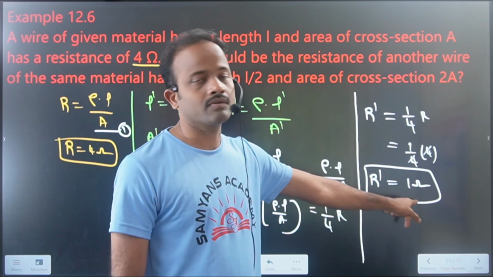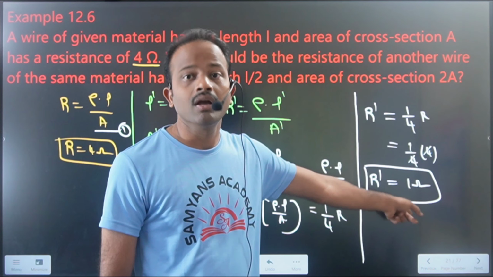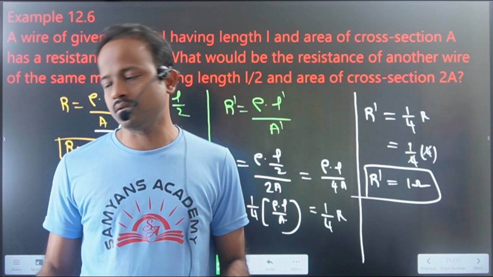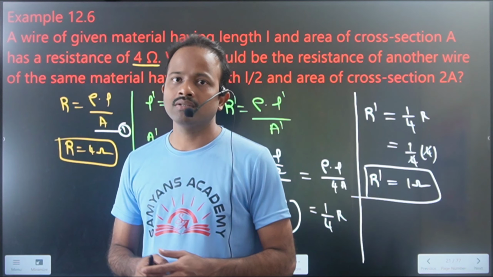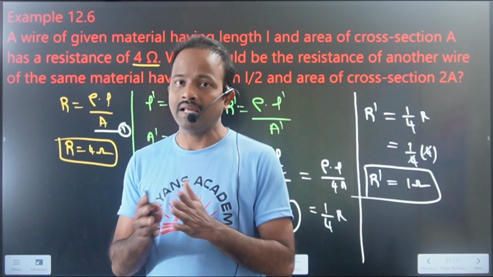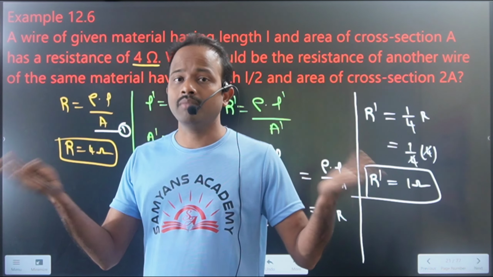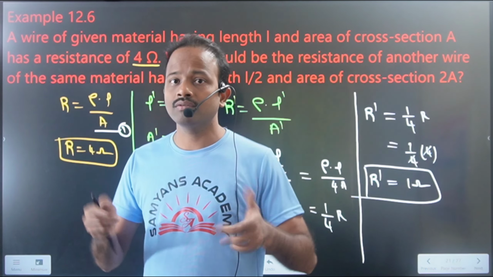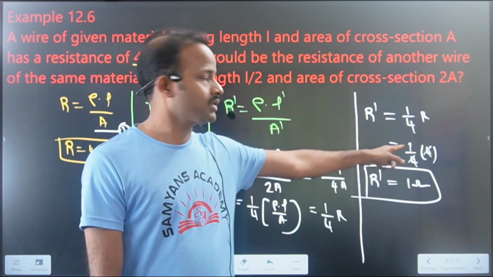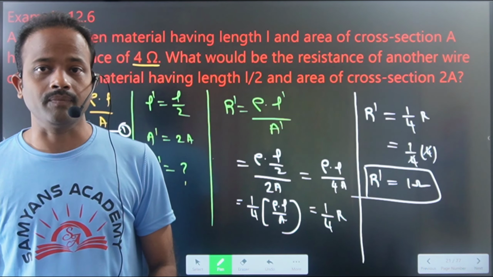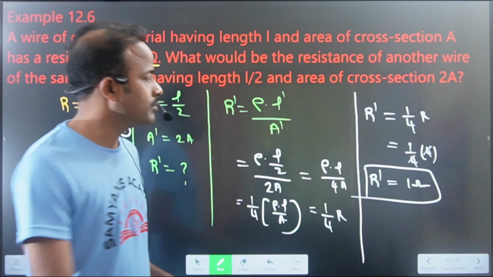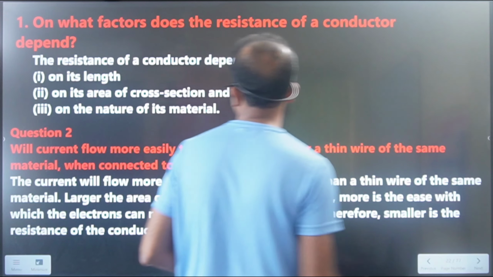So the new resistance of the wire is 1 ohm. From this formula we can easily know that if length is half and area becomes more, then the resistance reduces by 1 by 4 times. Is it clear everyone? Okay, move on to the next one.